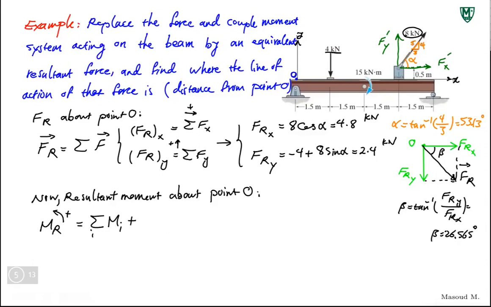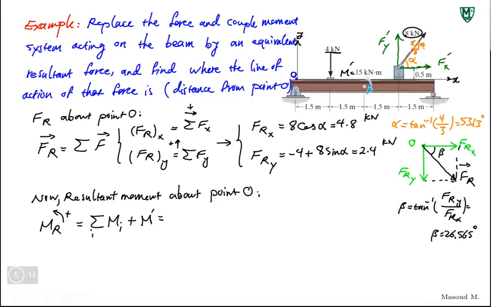Plus whatever free vector or couple moment we have. Let's just call this one M prime. That was a general idea, right? That M prime is just a free vector, it can be moved wherever you want, doesn't matter if it's around that point or around 0.0. But we are interested to also find the moments created by moving these forces to 0.0.